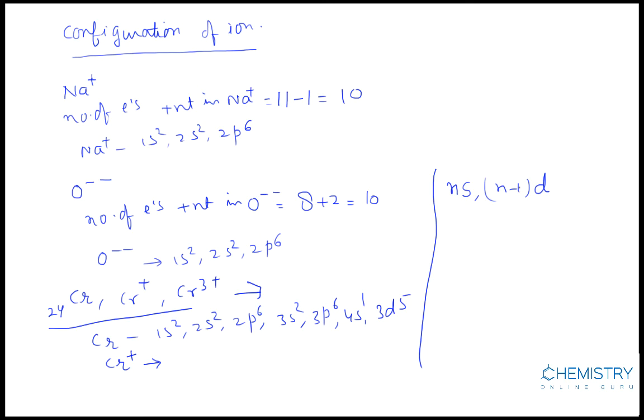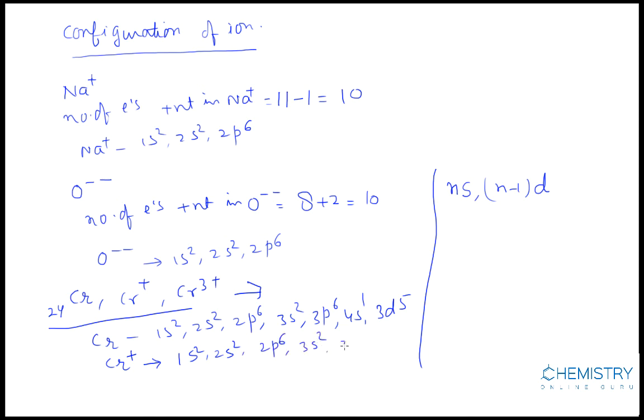Penultimate means, suppose n is 4, then n-1 is 3d.